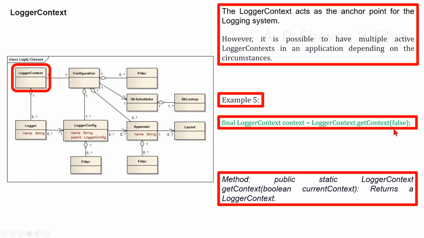For example, in a web application, if the caller is a class in WEB-INF/lib, then one logger context may be returned, and if the caller is a class in a container's class path, then a different logger context may be returned. If true, then only a single logger context will be returned.